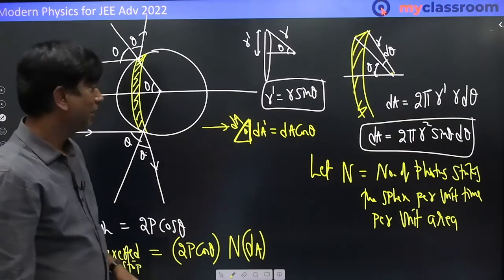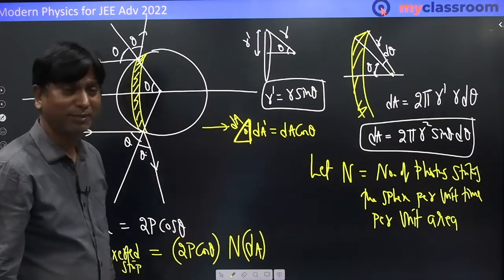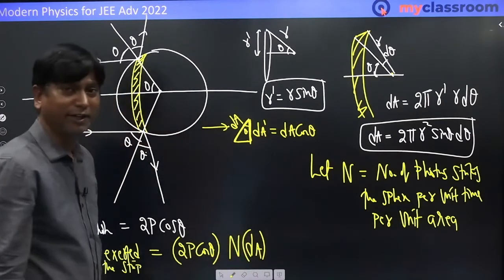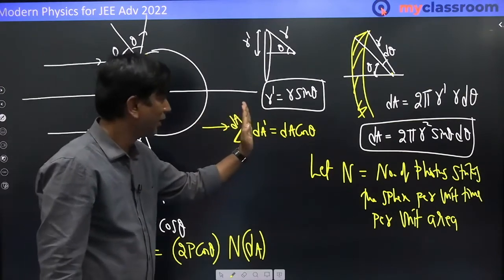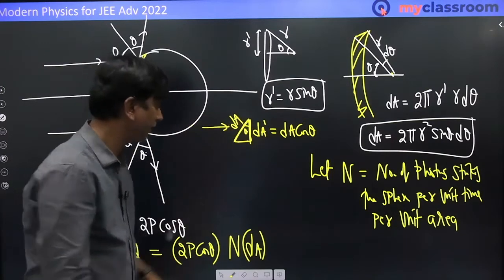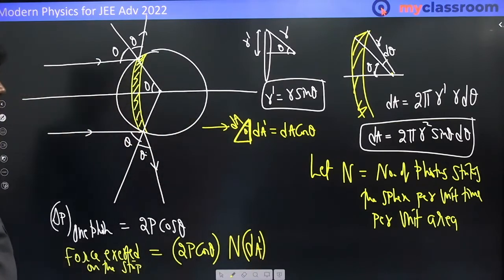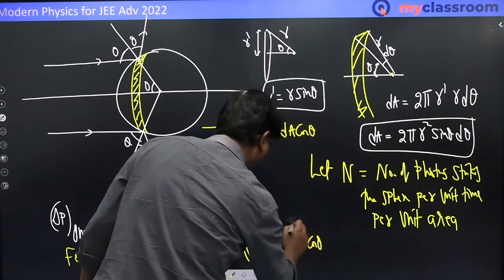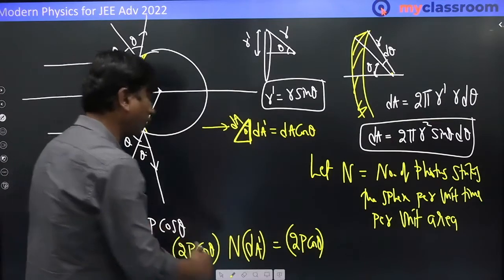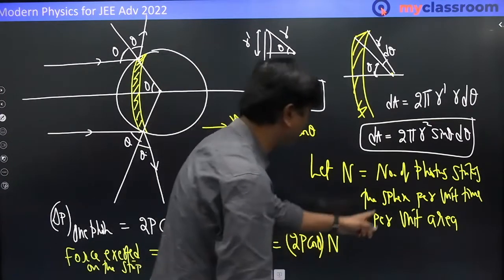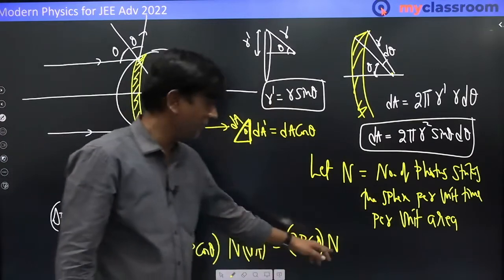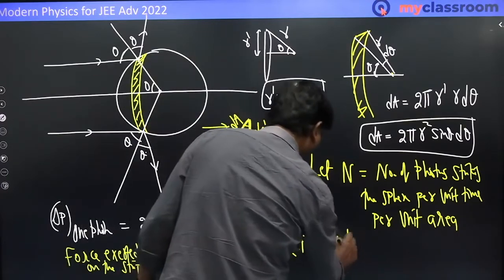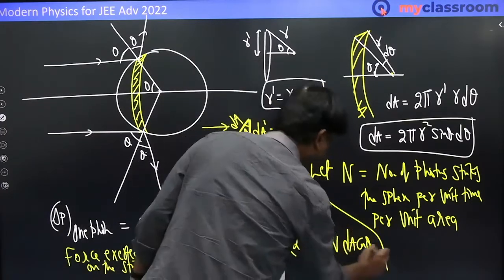And one more thing: dA or dA dash, definitely you have to take dA dash. So again I am making this change instead of dA, because the total area projected normal to this is dA dash. So you have to put dA dash. Right, so that comes out to be 2p cos theta, the change in momentum of one photon, into the number of photons striking the sphere per unit area per unit time, into how much area is exposed, that is dA cos theta.